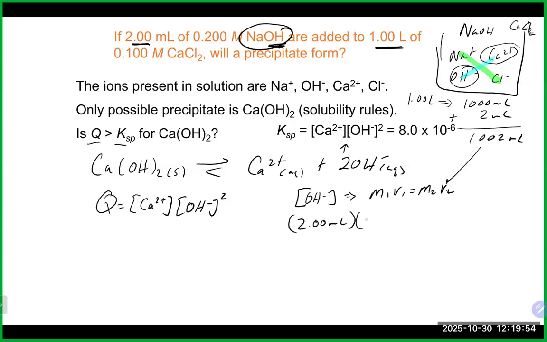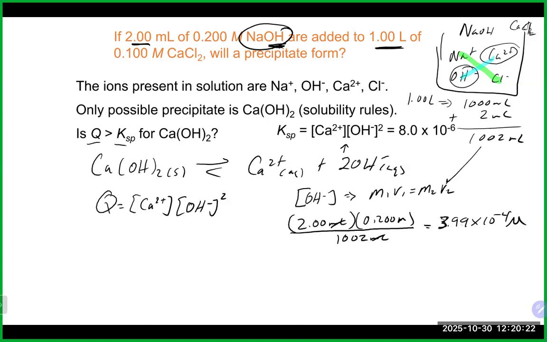And its concentration was 0.2 molar divided by the entire volume, which is our V2. Milliliters will cancel, and that's going to leave us molarity here. And for the hydroxide, it looks like we have, I'll just call it 3.99 times 10 to the minus 4 molar.